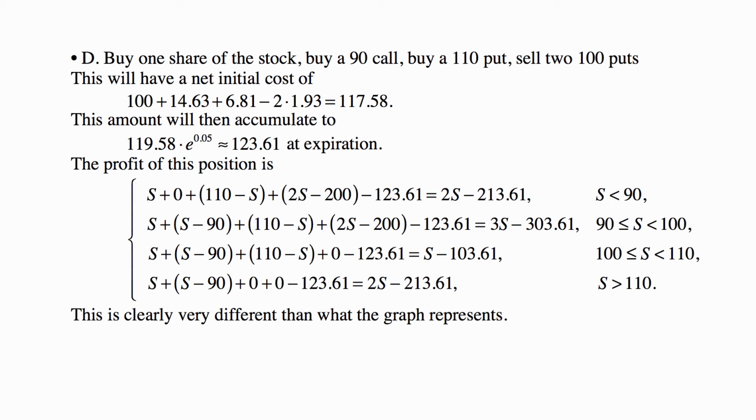And otherwise we have 3S minus 303.61 for S between 90 and 100, S minus 103.61 for S between 100 and 110, and then 2S minus 213.61 for S more than 110. Again, that's not a constant value that we have in the graph. So clearly this is not what the graph represents, and answer choice D is what we're looking for, because we're looking for the profit pattern that does not match the graph.